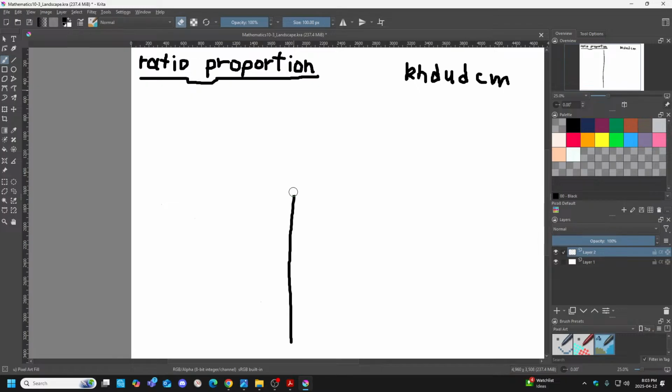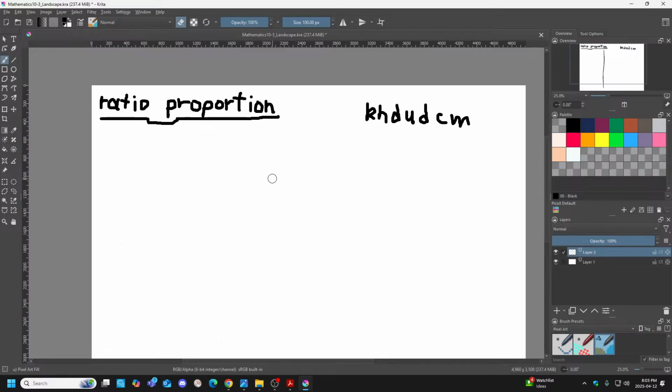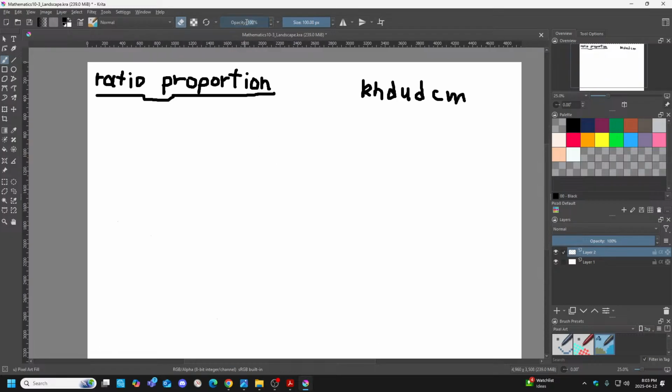And I'm gonna get rid of this line as well. Let's change this back to 32, and there we go.